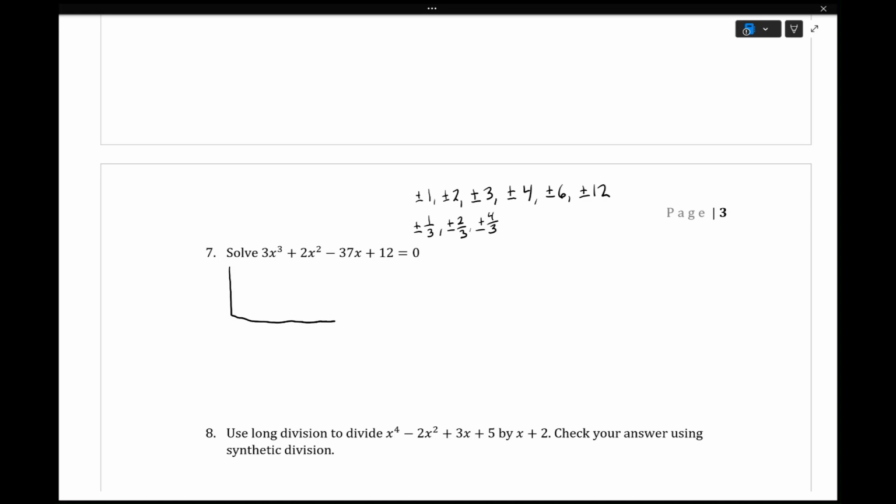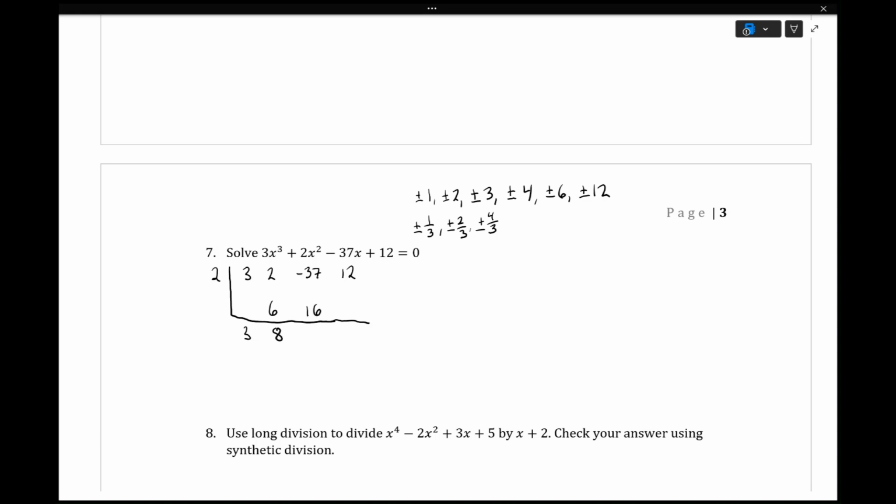So we want to try something like 2 or 3. So let's go ahead and try 2. And remember, I write the coefficients across the top. So I bring down the 3, I multiply it by 2 to get 6. 2 plus 6 is 8. 8 times 2 is 16.